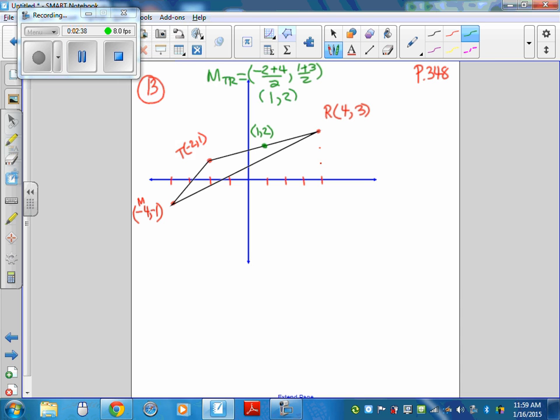Okay. Now I need to find the midpoint of a 2nd side. So I'll do the midpoint of... You should do T. I was going to do RM. I can do TM. So the midpoint of TM. I use little subscripts to keep my work organized so I know what line I'm looking at. So -4 + 2, not enough room now, let's try that again.